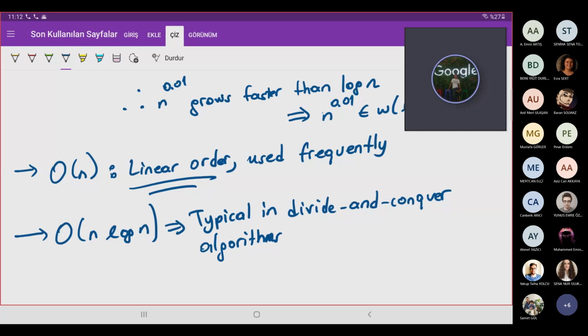Typical in divide and conquer algorithms, for instance, merge sort and quick sort. These are the ones that you know of. But actually, divide and conquer is an algorithm design technique. Merge sort and quick sort have this nature, but there are many other algorithms also of this nature.